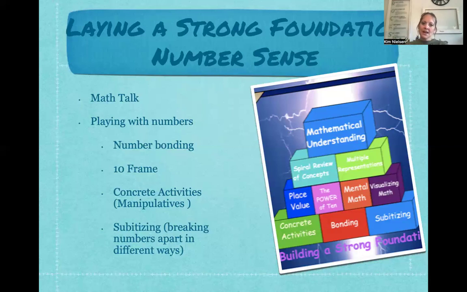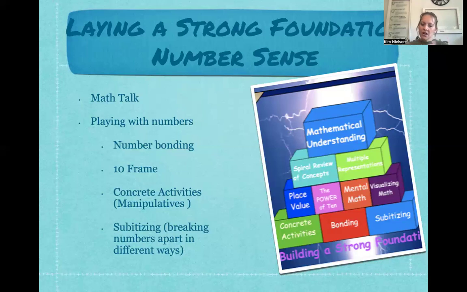And then we use a 10 frame. If we can group numbers into tens and then eventually hundreds and thousands, or in decimals lower, right? Tenths and hundredths. If I can group them together, it's easier to break them apart and move them and understand them.